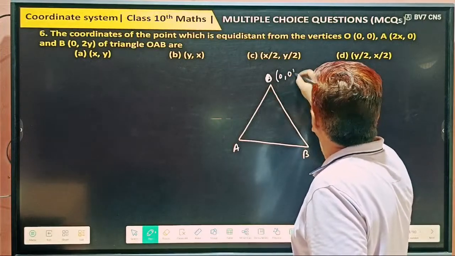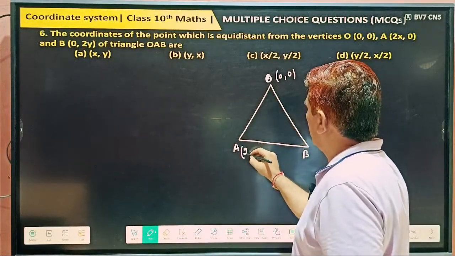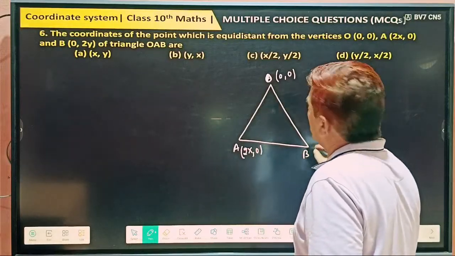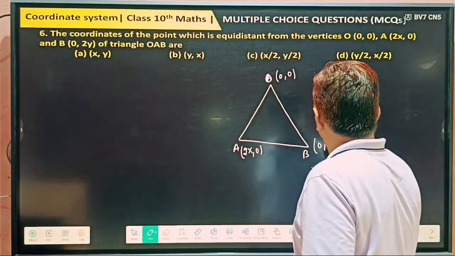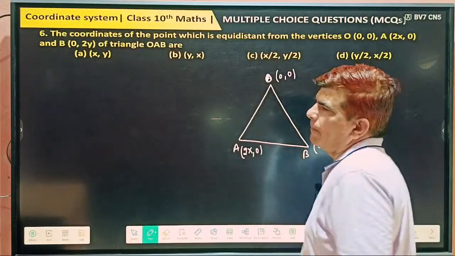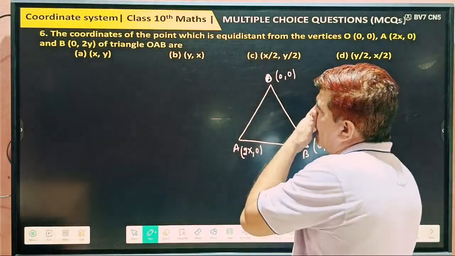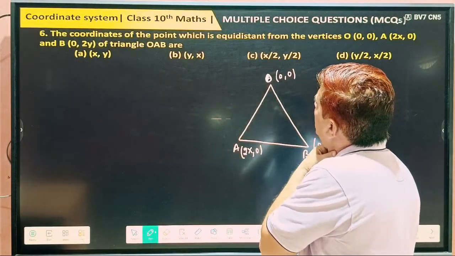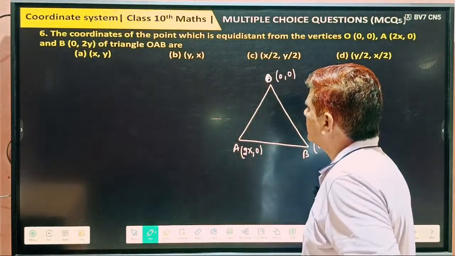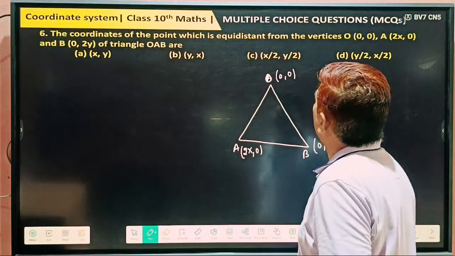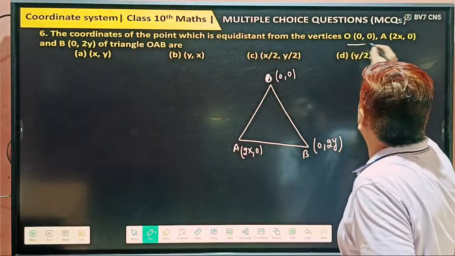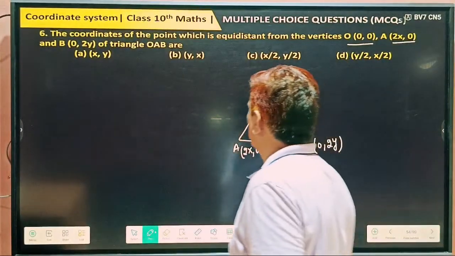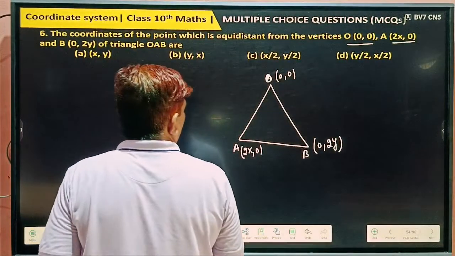O is 0, 0, A is 2x, 0, B is 0, 2y. This given the coordinate of the point which is equidistant from this vertex, and this vertex. So first what we can find out?